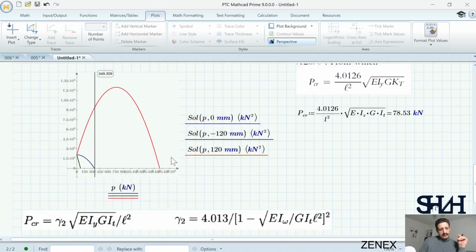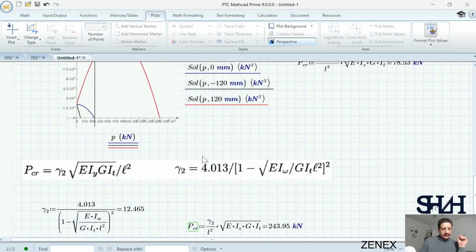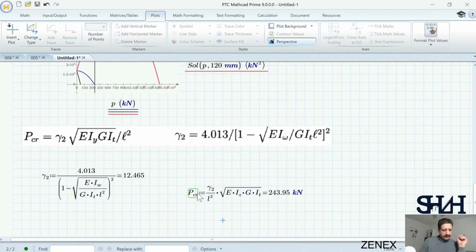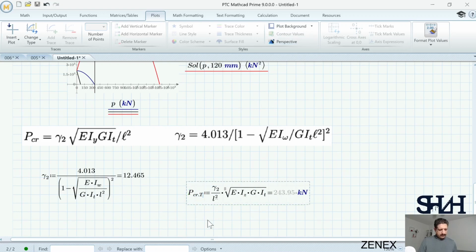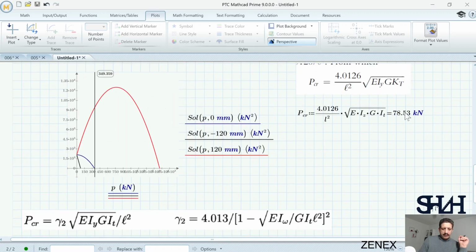Also, we can use plate buckling analyzers in software to calculate what the exact value of this buckling load will be. I can just add this for Timoshenko. So this value is 244 compared to 78, and here we can see that the results are very close for these two, and the other one is very far from what we calculated.